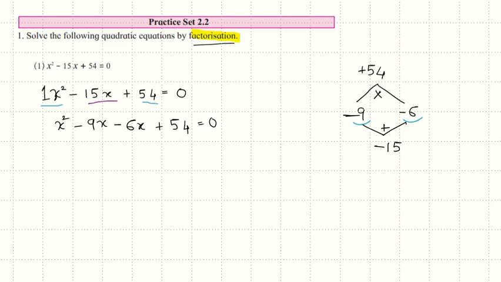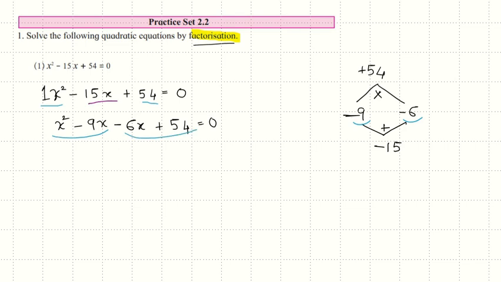Now group the terms: the first two terms together and the last two terms together.